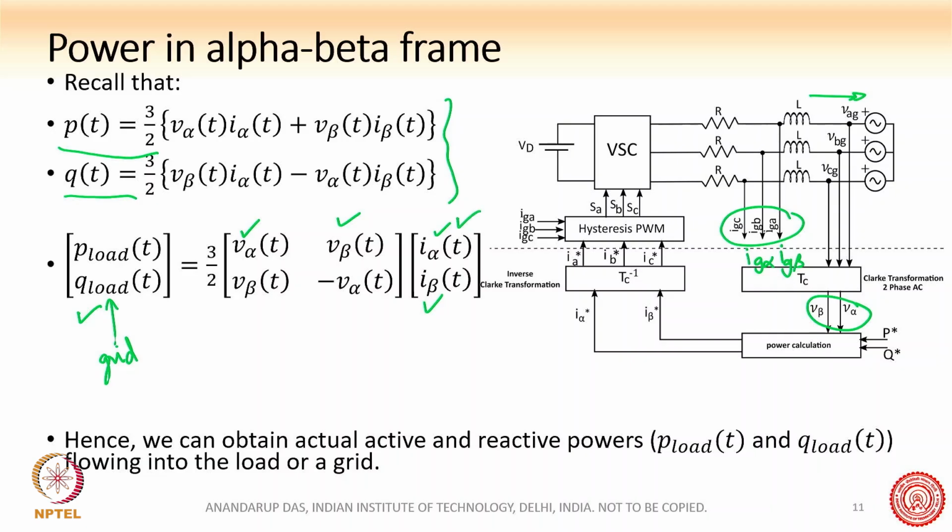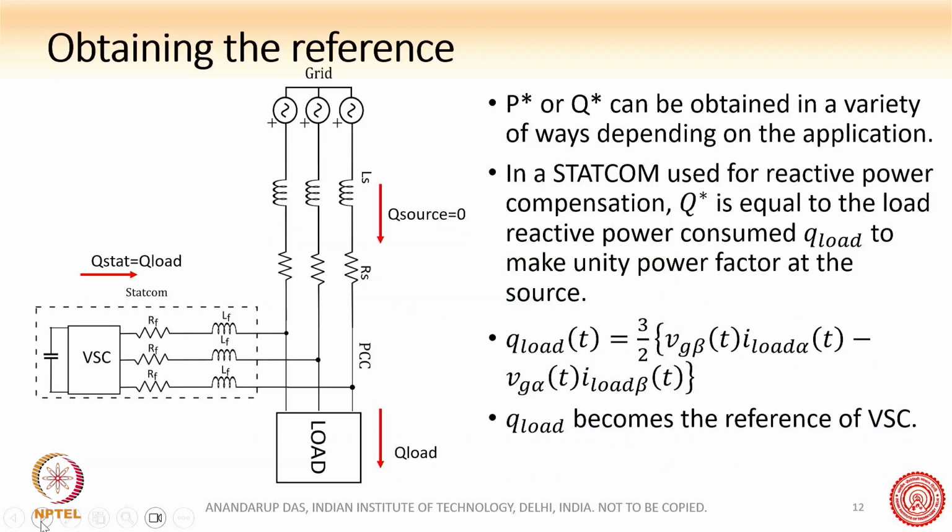I will know what is the power being flown or power being obtained. Okay, so this way we can obtain the actual active and reactive power flowing into the load or the grid. Fine.